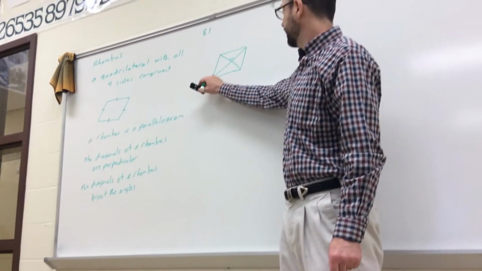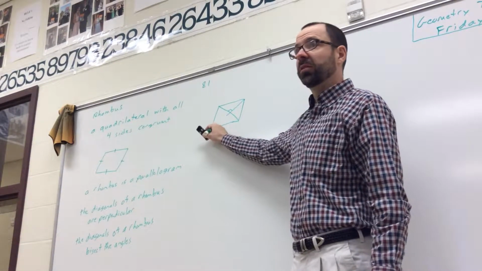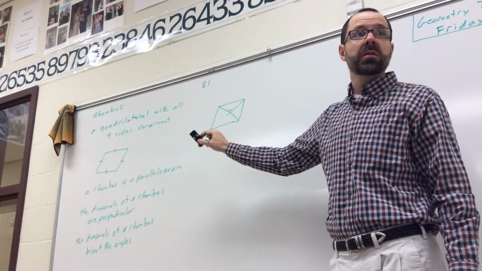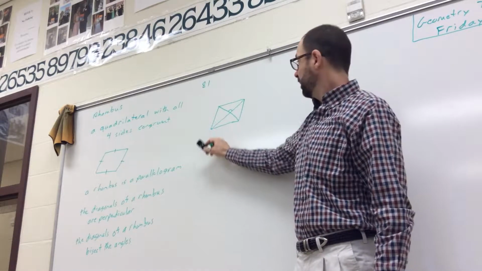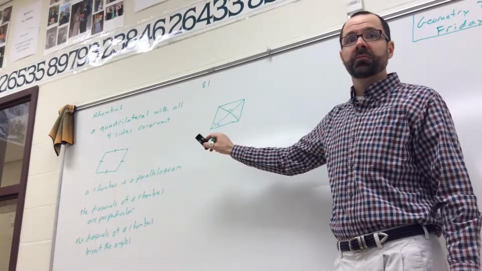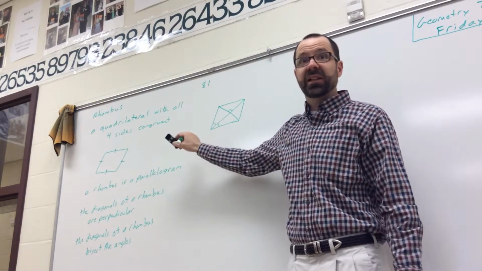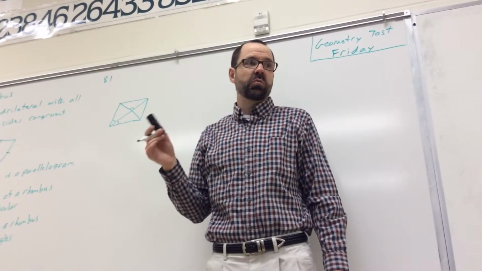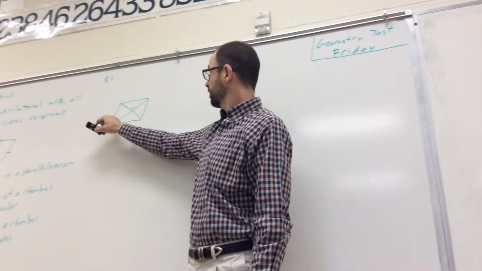So what I mean by that is, if this angle here was 60 degrees to start out, then when this line comes through here, it makes this angle 30 and also that angle 30. So the 60 degrees at the corner there got split exactly in half by that diagonal. That doesn't happen on just regular old parallelograms. But on a rhombus, both of those are equal.